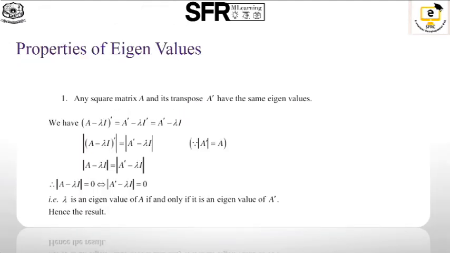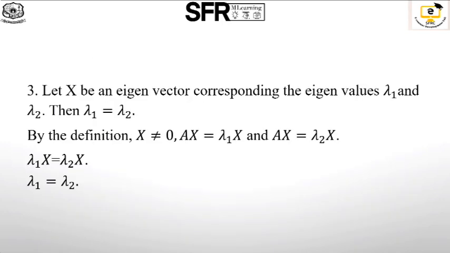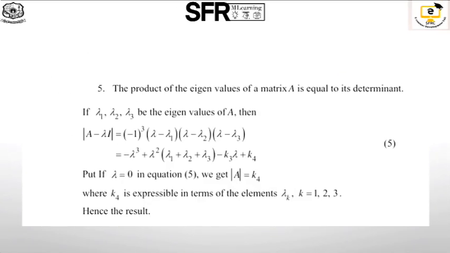Here we take only the constant term. So we substitute lambda equal to 0 in equation 5, and we get modulus of A equal to K4 only, where K4 is expressible in terms of the elements lambda k, where k is equal to 1, 2, 3.